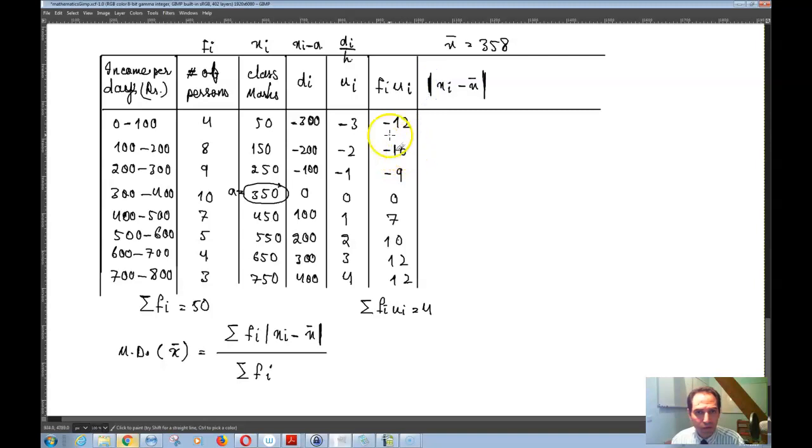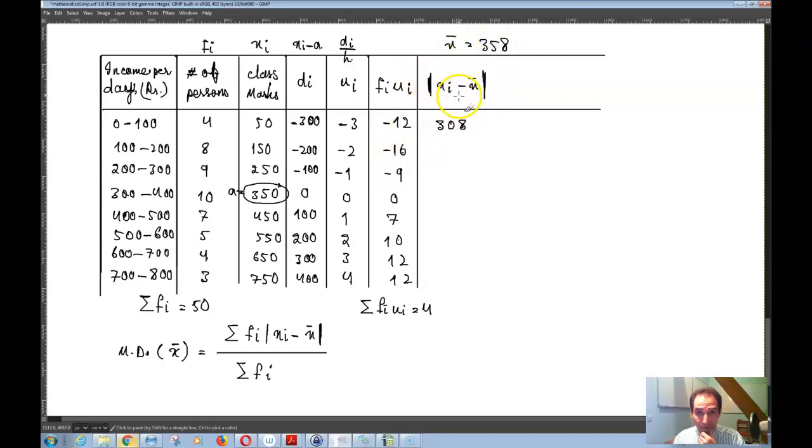x of i minus x bar. My x of i over here is 50 minus x bar, which is 358, so you get 308. In the absolute value it becomes positive.